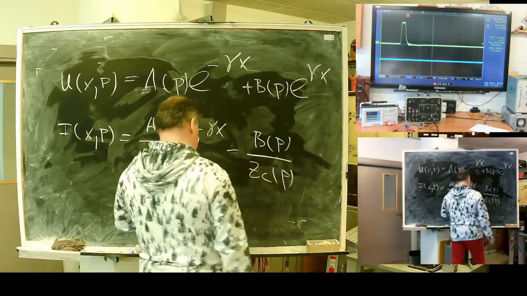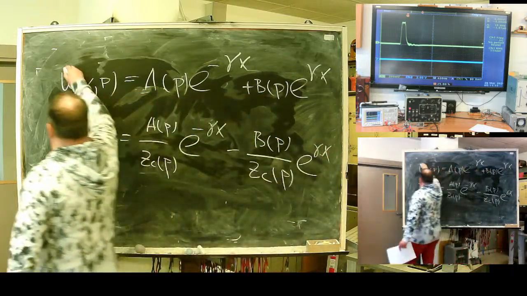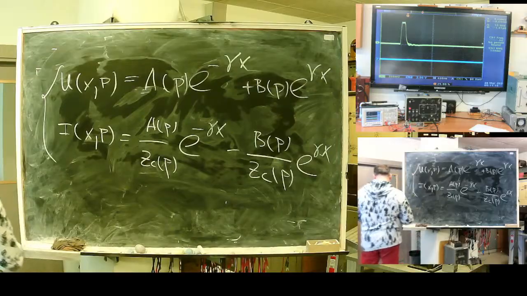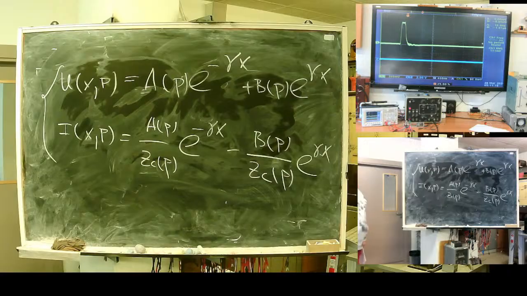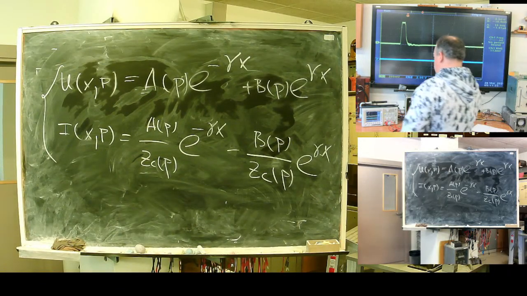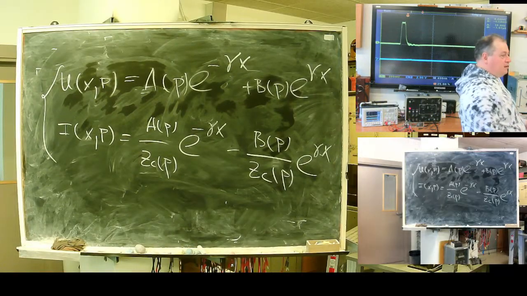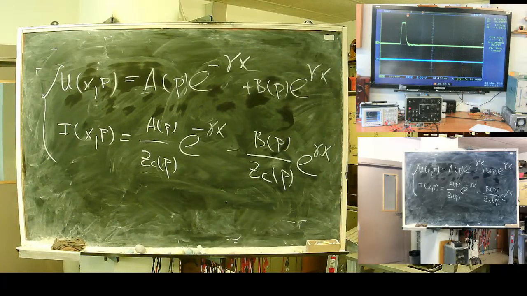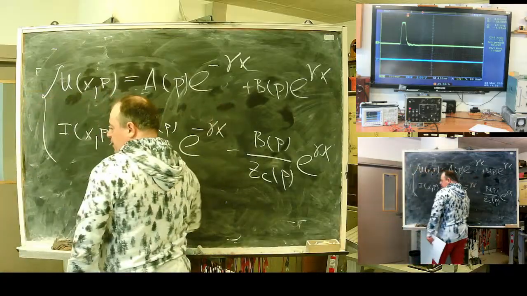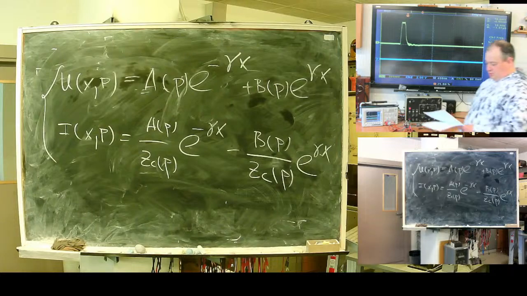Again, it will be a function of complex frequency. A and B are defined by initial conditions at line ends. These two, A and B, are calculated as a function of initial conditions on the line end.